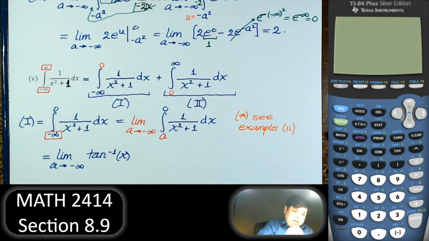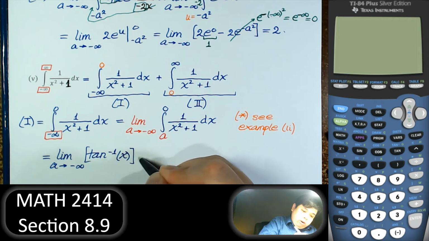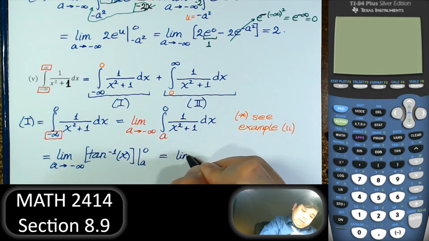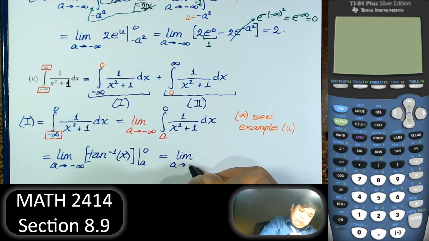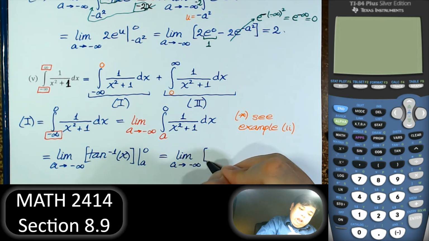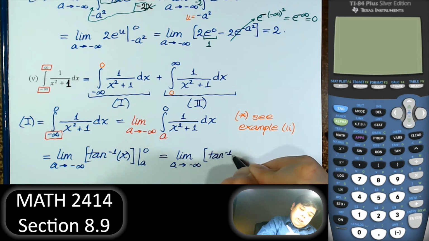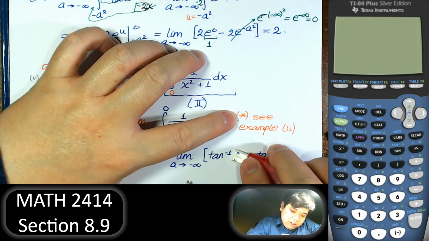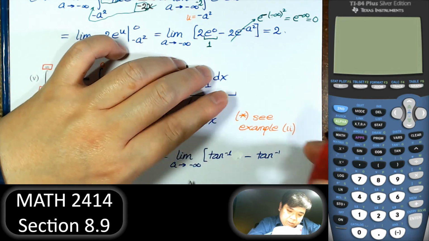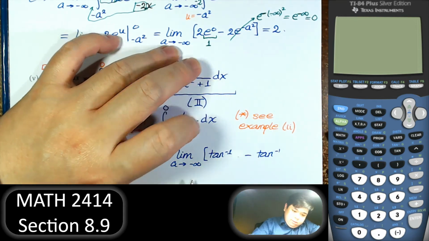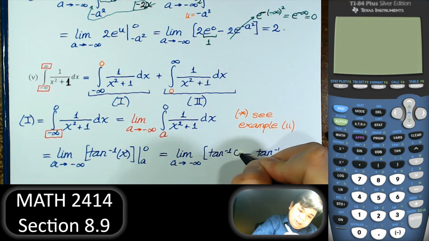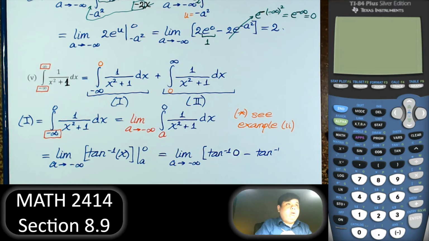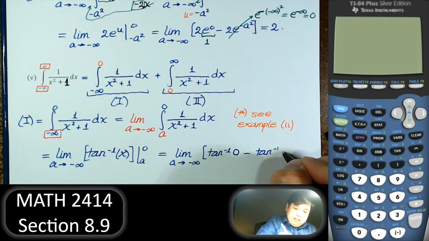The integral of that is tangent inverse, and this one goes from a to 0. So pretty much what we have is tangent inverse of 0 minus tangent inverse of a.